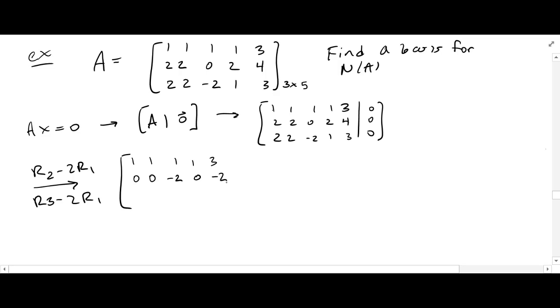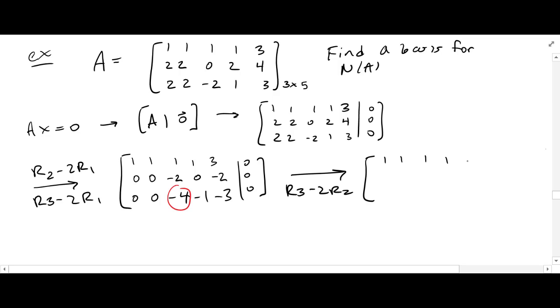Row 3 minus 2 row 1 gives you zeros here and here, and a minus 4 here, a minus 1 here, and a minus 3 here, and zeros still in the augmented column. Now I want this negative 4 to be a 0, so we'll do row 3 minus 2 row 2. Negative 3 minus 2 times negative 2 is negative 3 plus 4, which is 1.